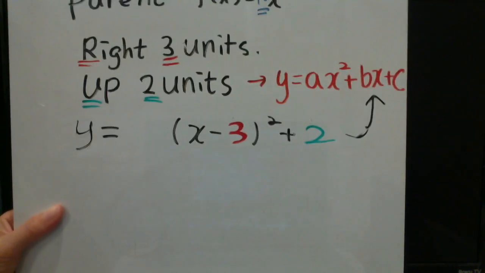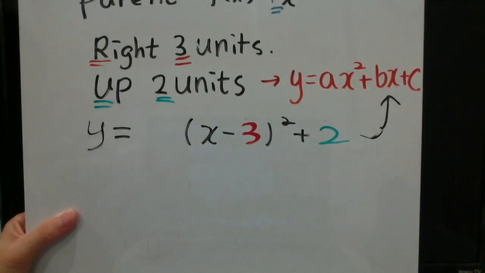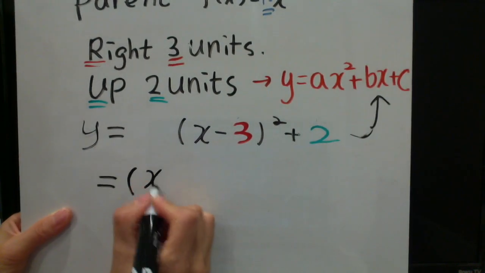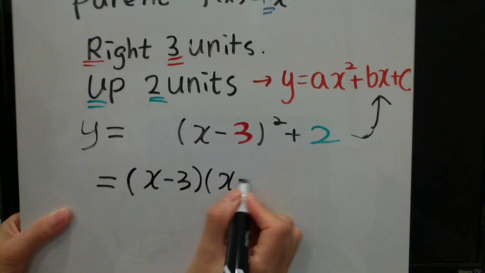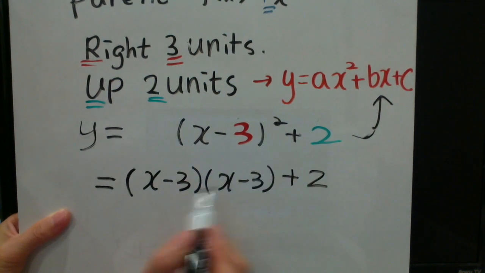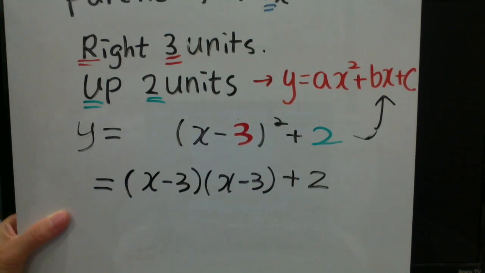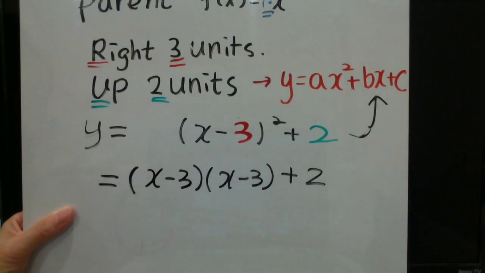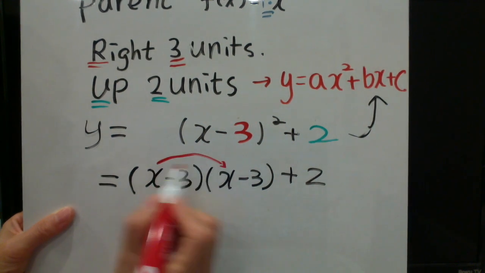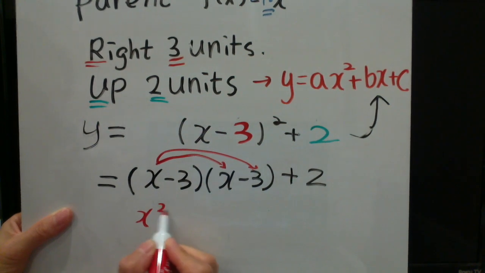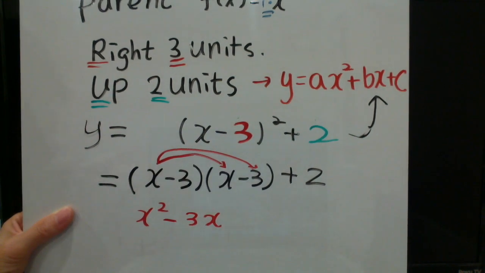So now let's change this. This is the same as (x - 3) times (x - 3), plus 2. I just wrote this squared. Same thing twice, right? That's what squared means. So I'll do x times x, then x times negative 3, right?